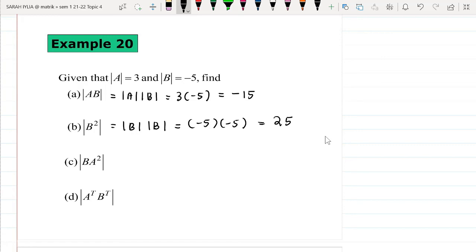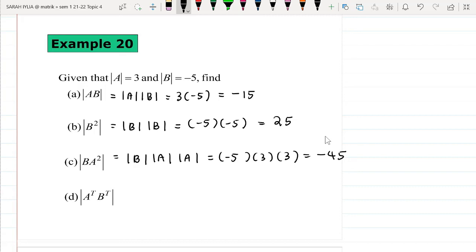Part C, we have B, A squared, determinant of it. So open up one by one. So this is determinant of B times determinant of A times determinant of A. So we have negative 5 times 3 times 3. So negative 45.